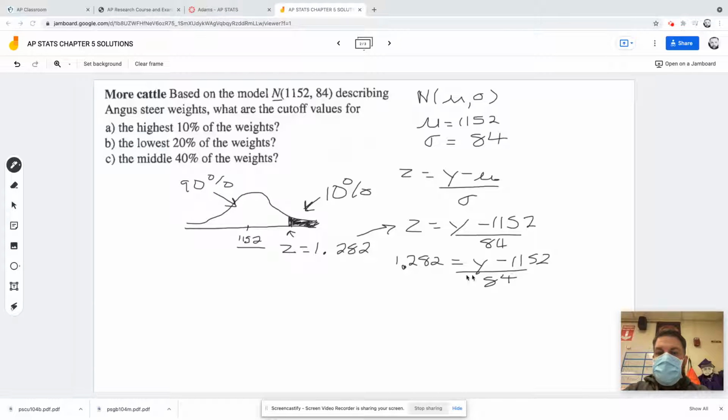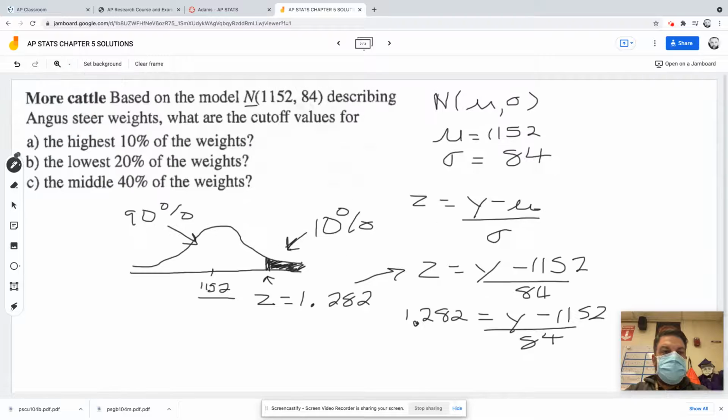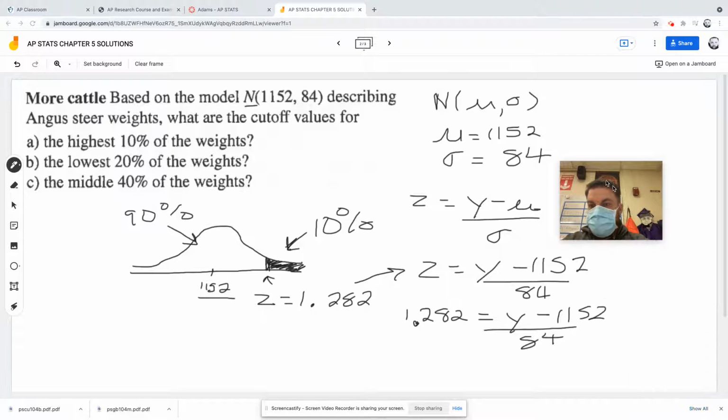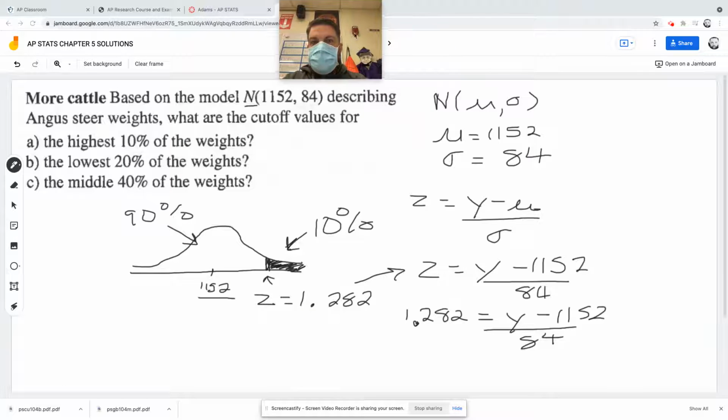I got to solve for y, so what do I do to solve for y? I'm going to have to multiply this side by 84. And whatever I do on one side, I got to do on the other side, right? So this is just basic algebra.